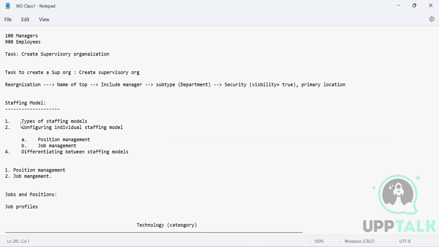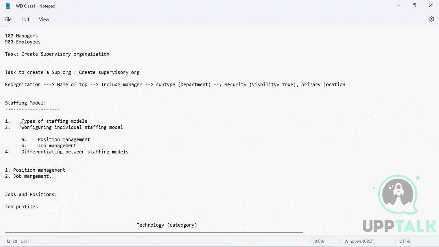So generally you will see the maximum staffing model is position, but that is maximum. It is not that there will be no department where you have job management. There will be certain departments, depending upon the industry segment, wherever it is getting implemented. So job management can be a major part of the staffing.